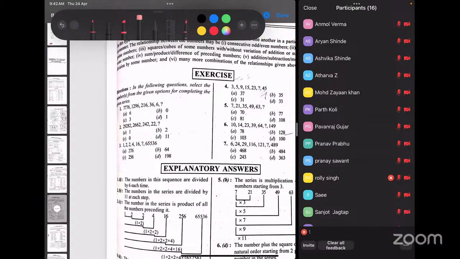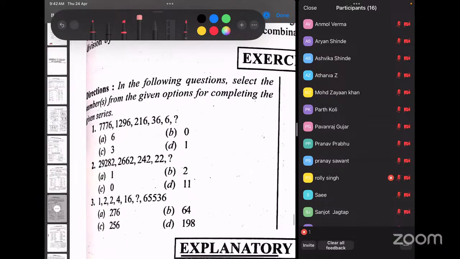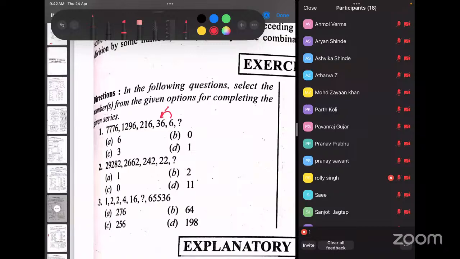If you look at it, 6 into 6 is 36, into 6, into 6. Which means divide by 6, divide by 6, divide by 6, divide by 6. So next, it must be divided by 6. So the answer will be 1. Are you getting it?